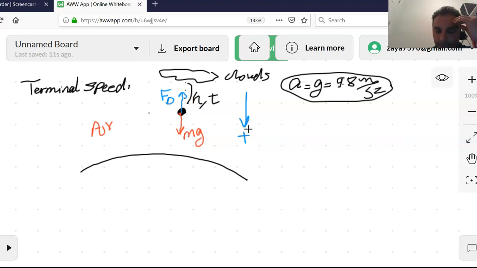Okay, so at a certain time and certain height, guys, speed increases, then what is happening? Drag force becomes equal with mg.